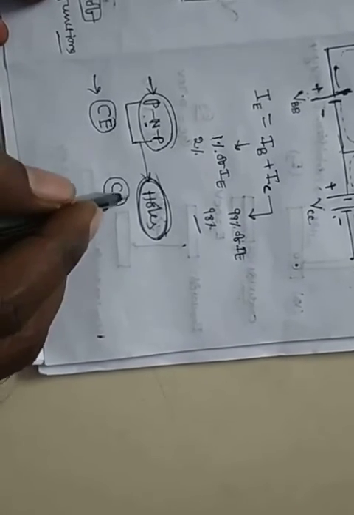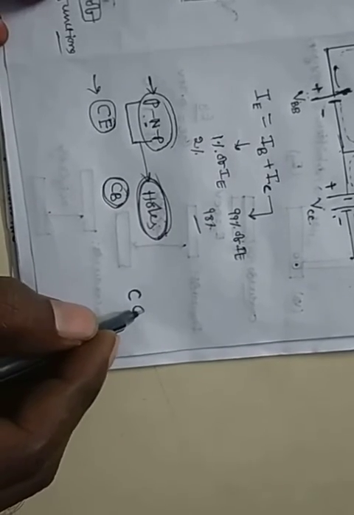There are three types of configuration: common emitter, common base, and common collector.